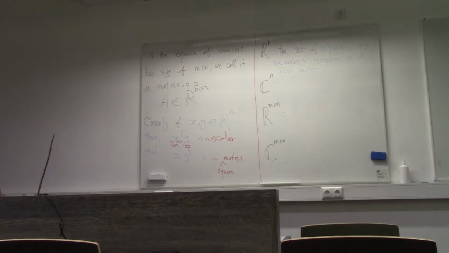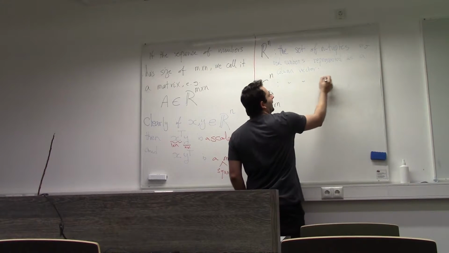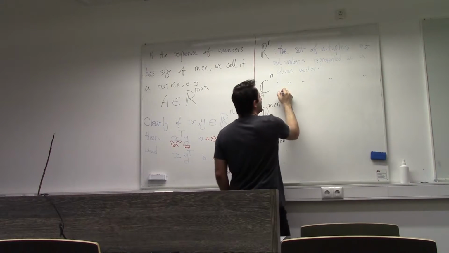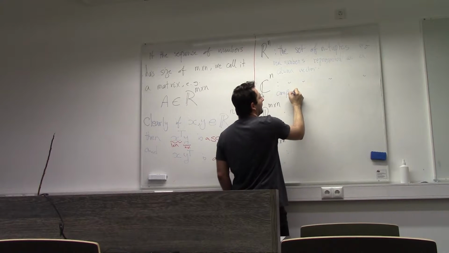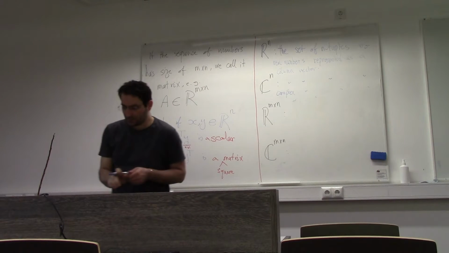What about C^n? It's the set of n-tuples of complex numbers, representing a column vector, right?